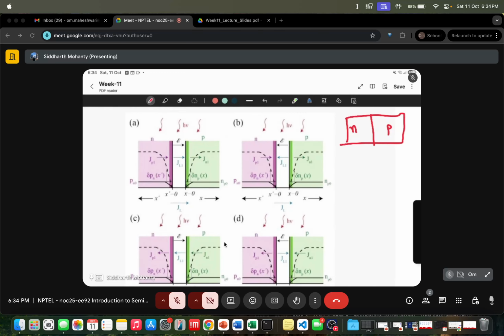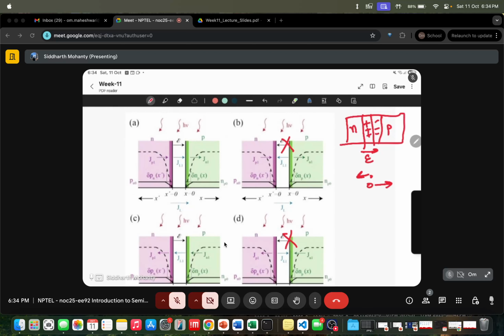All right, to solve this question, we know in a PN junction we have positive on this side and the depletion region negative on this side, so the electric field will be from positive to negative, like this. So this is wrong, and this is also wrong. The second thing is when electron-hole pairs are generated, electrons will go towards the positive side and holes will go towards the negative side, right?